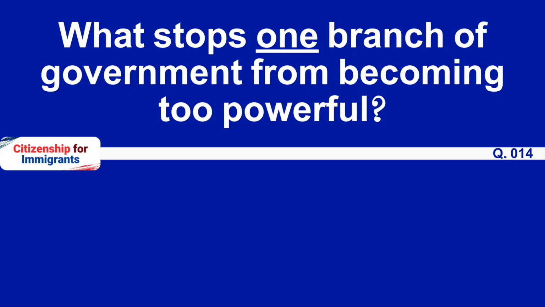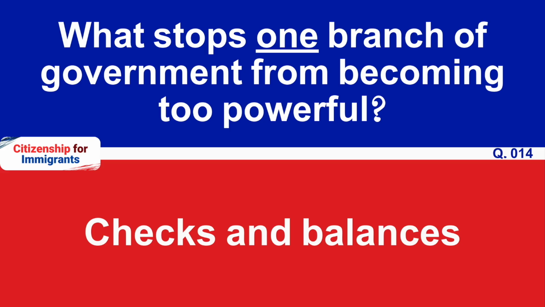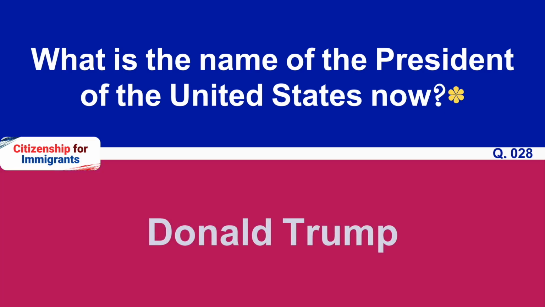What stops one branch of government from becoming too powerful? Checks and balances. What is the name of the President of the United States now? Donald Trump.